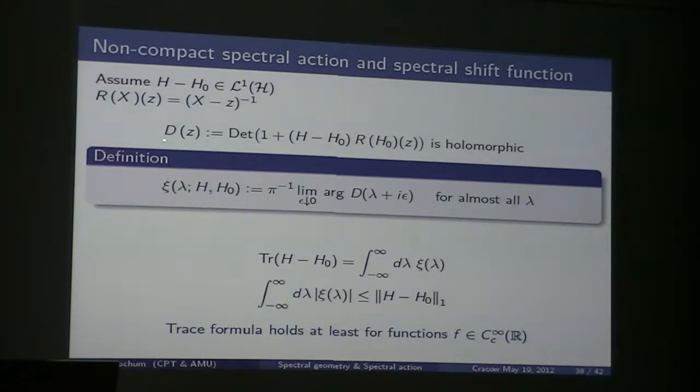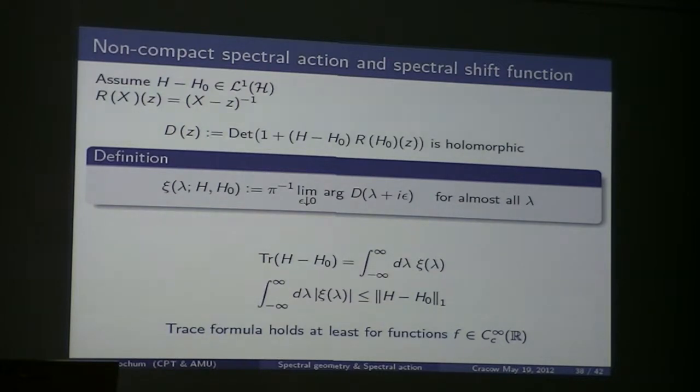So you get a holomorphic function, and then you define psi of lambda by adding a little imaginary fluctuation, and you determine the argument when epsilon goes to 0. This can be done, and then you prove that this function precisely controls the trace of this trace class operator, and this L1 norm is also controlled by this L1 norm.